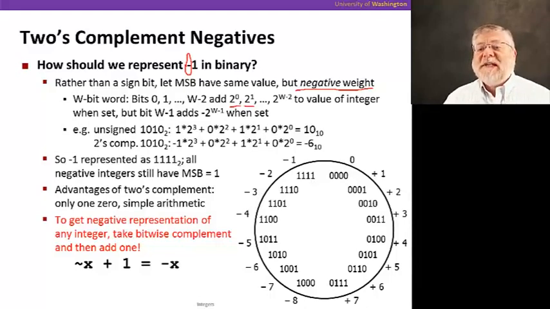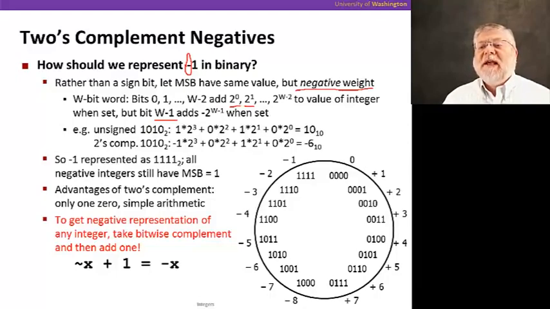But what we're going to do is have the most significant bit, represented as the w minus 1 bit, or in this case would correspond to that B7 we had in our previous slide when w is equal to 8, actually add a negative weight to the number.